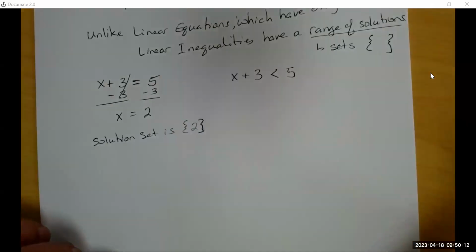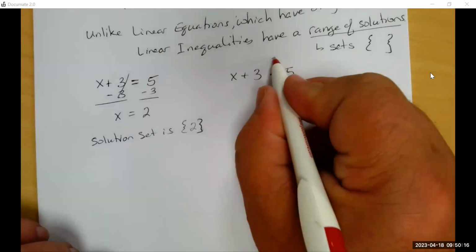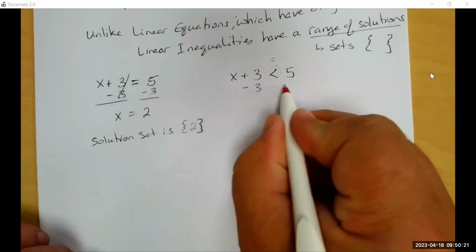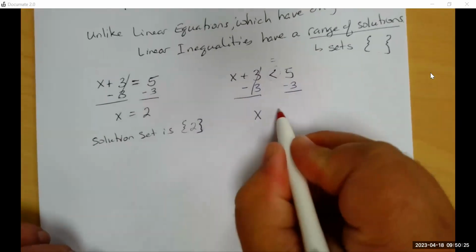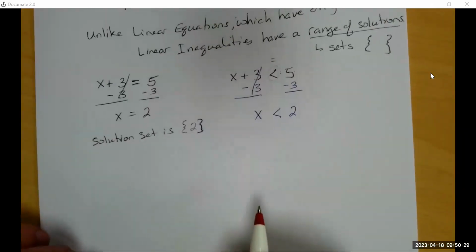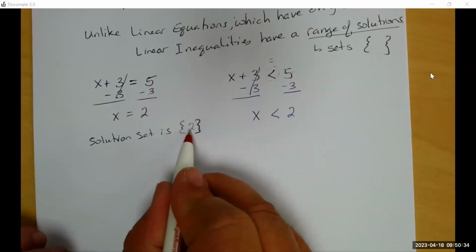When you solve inequalities, treat the inequality like an equal sign. Do the same thing. So we have to get rid of the 3. Five minus 3 is 2. Now, the solution set here, this is only one number.